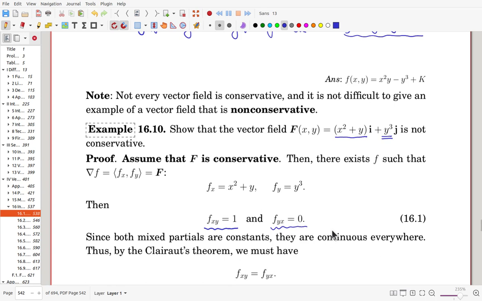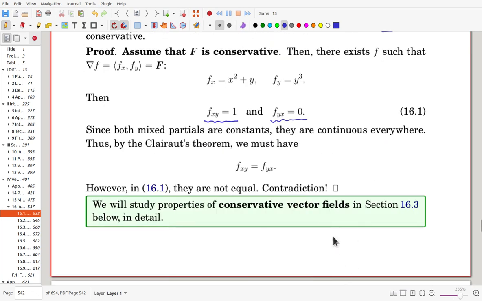But earlier, in Clairaut's theorem, we know that once the second derivatives f sub xy and f sub yx are continuous, then the two must be the same. But right now, they are not the same. That means that this assumption is wrong. Okay? And that's a proof.